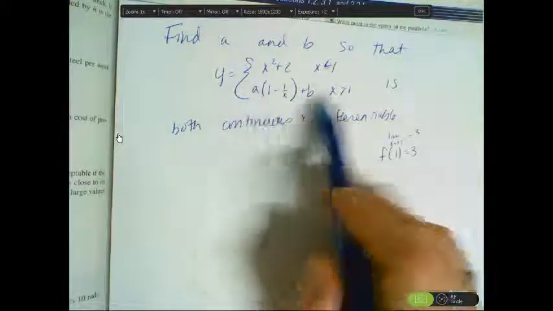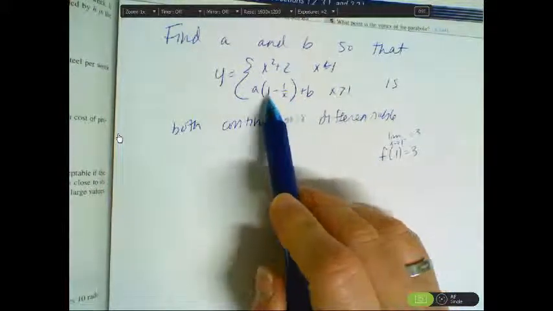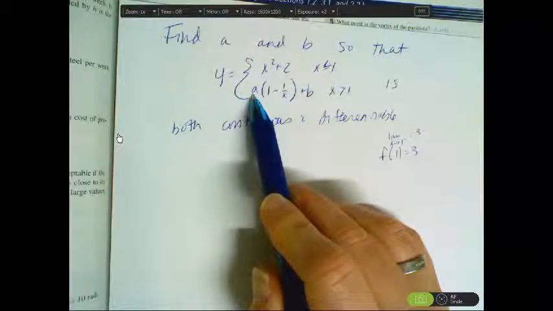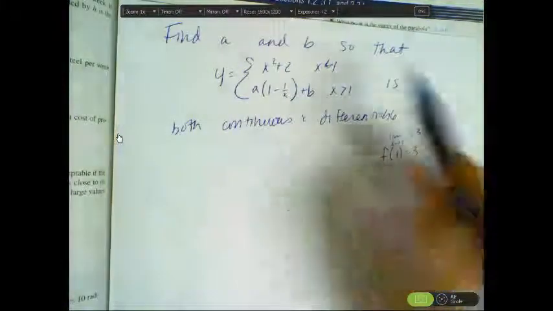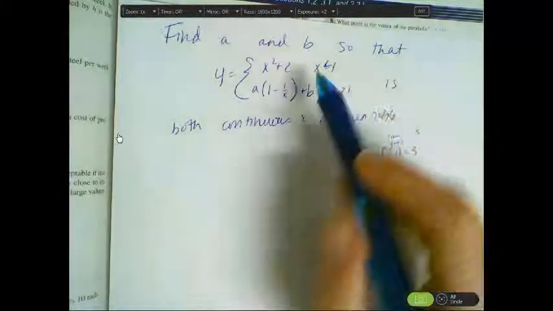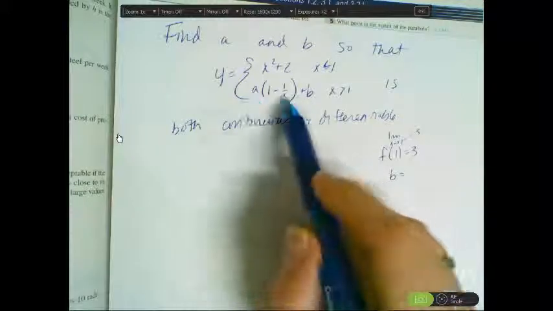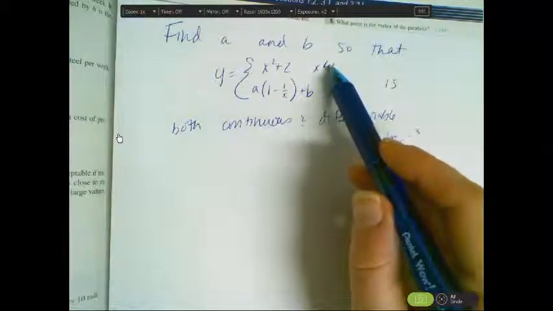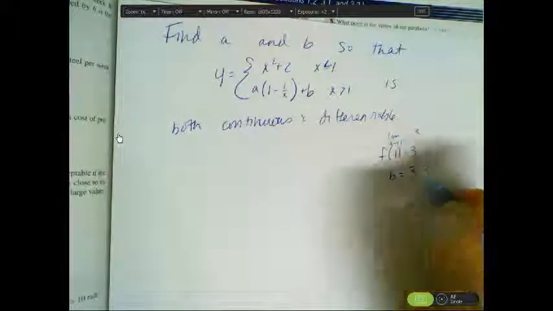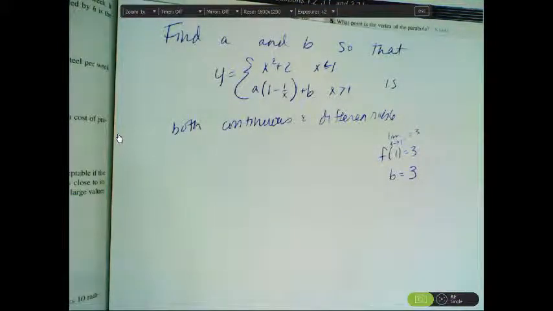On the right, when we put in 1 for x, we get 1 minus 1 over 1, which is 0, times a, which is 0, plus b. But we know that to be continuous, we need this value to equal 3, because it has to equal the limit from the left, and it has to equal f of 1. So we need b to be 3. I hope that makes sense.